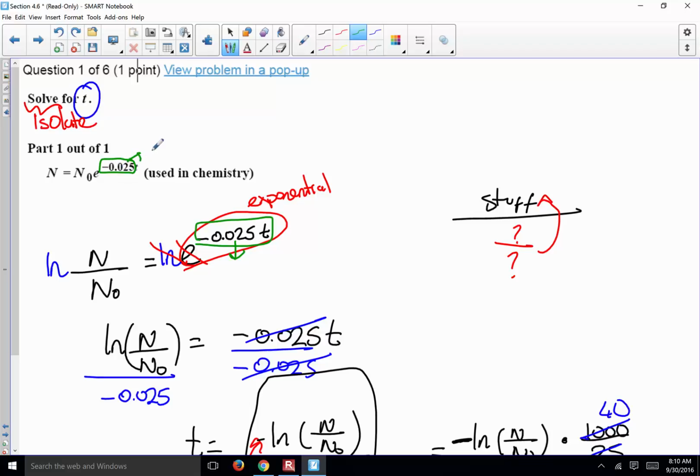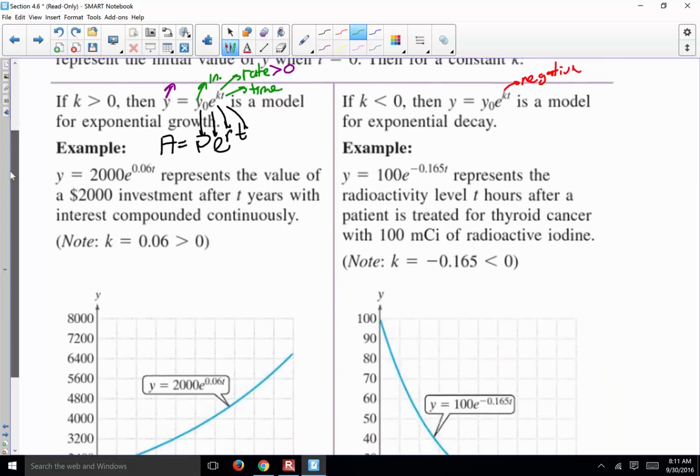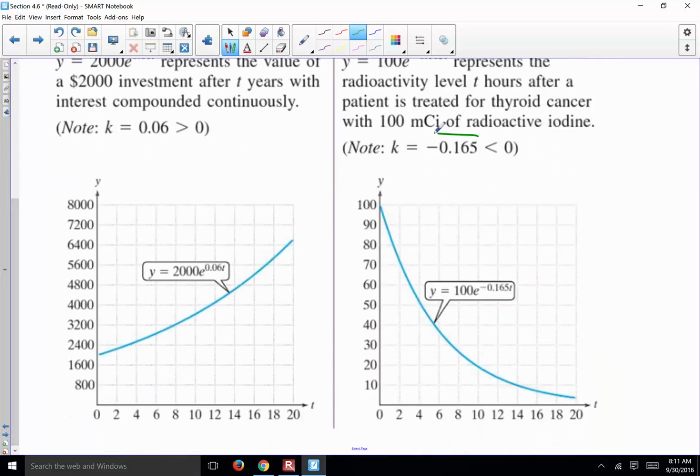Decaying, getting less and less, because this is negative. After 10 minutes or 10 years, you're measuring what the new nitrogen level is, wherever you're measuring this. So again, when your rate is negative, your picture is going down, getting less and less over time. And if your K level is positive, a small number, 0.06, but positive, you see some increase over time.